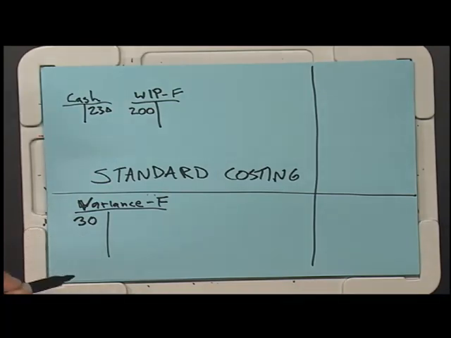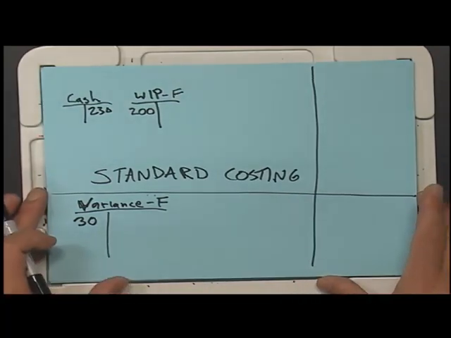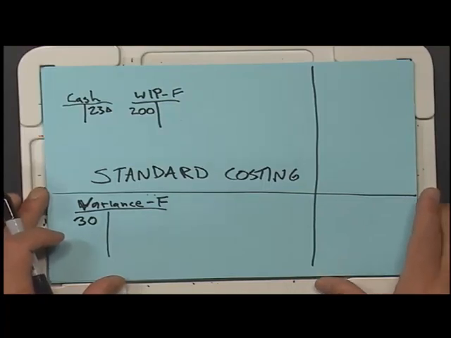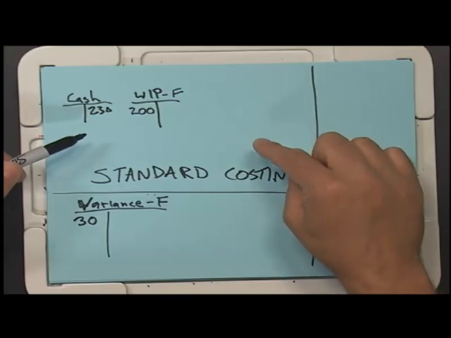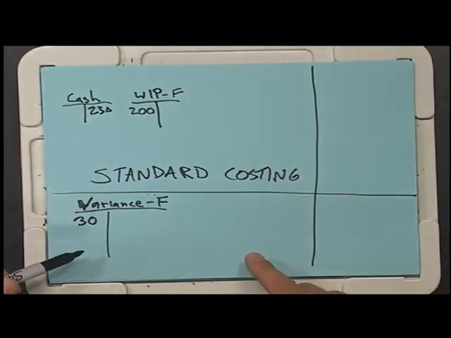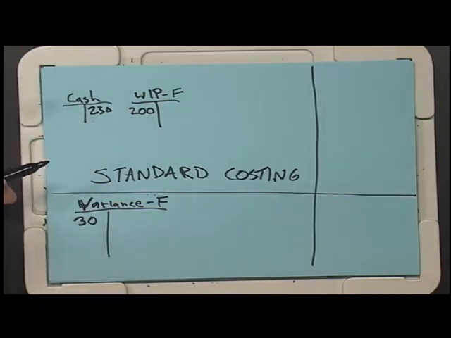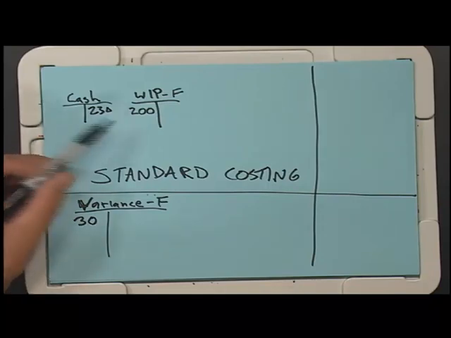So again, one of the primary goals of standard costing is to isolate responsibility, to identify cost overruns and underruns immediately and capture them not on the balance sheet, but on the income statement, where everyone will notice them and where we are not claiming that cost overruns are assets.